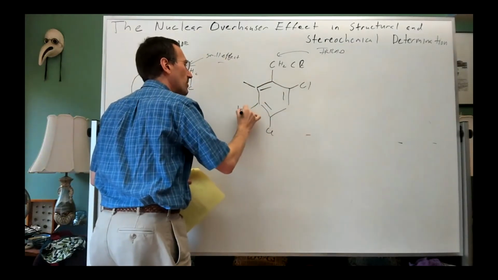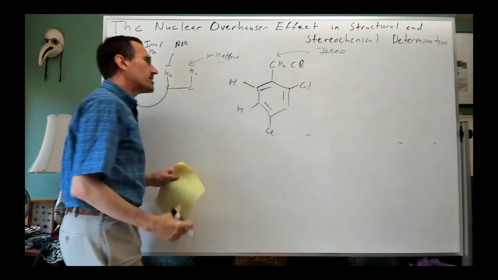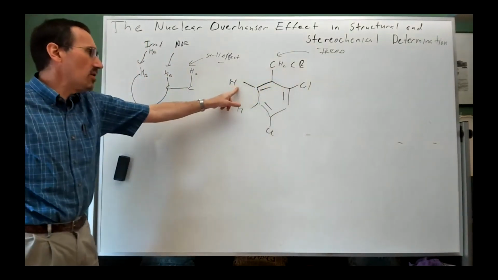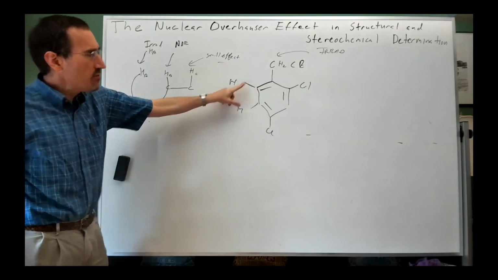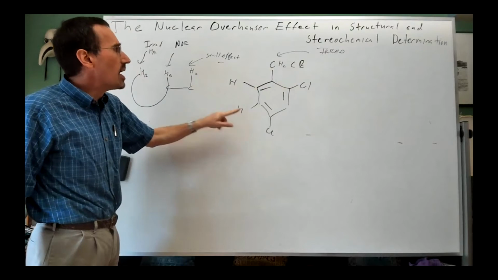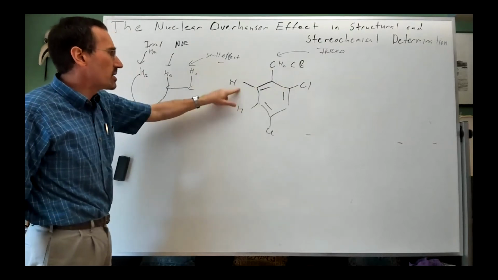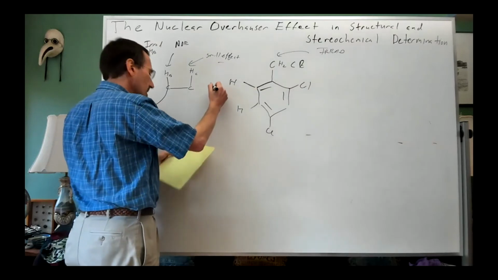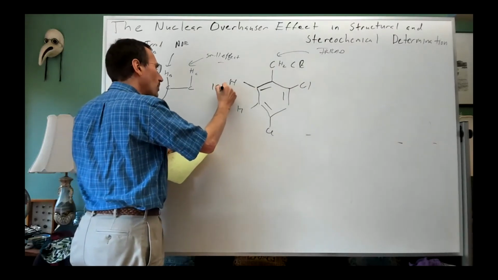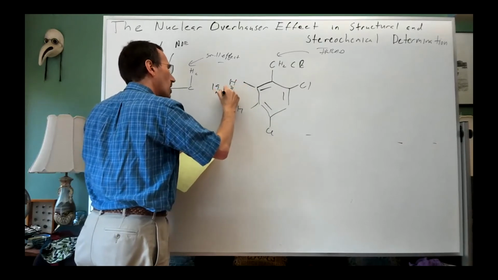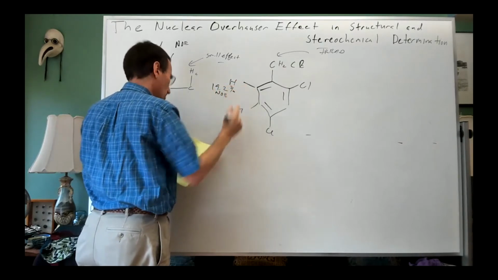So this is sort of our HA-HB-HC situation where the CH2 group is physically close to the ortho hydrogen, but it's far away from the meta hydrogen. And yet the meta hydrogen is coupled to the ortho hydrogen. So when you irradiate HA, you get a 19.2% NOE. That's pretty darn big over to the ortho hydrogen.